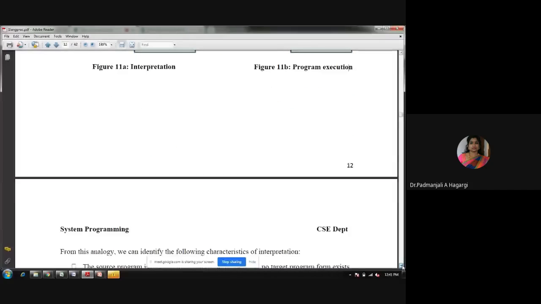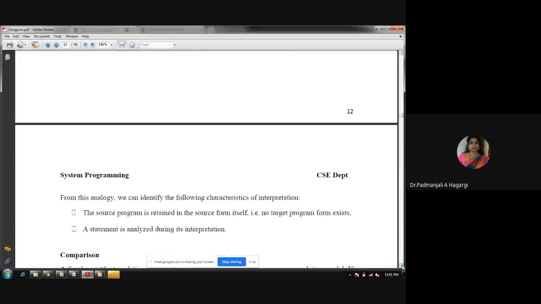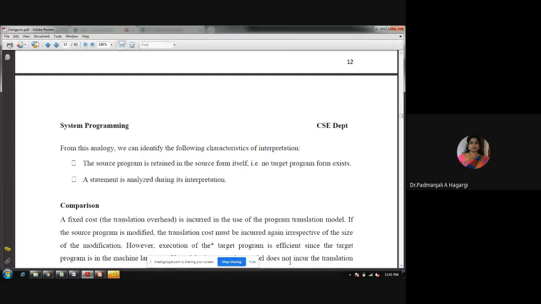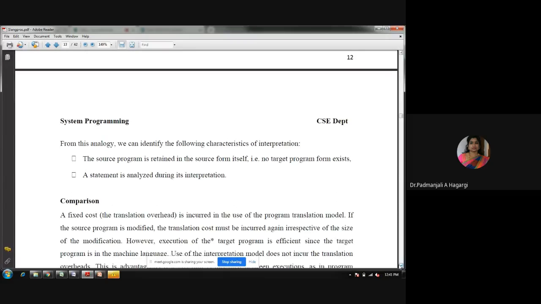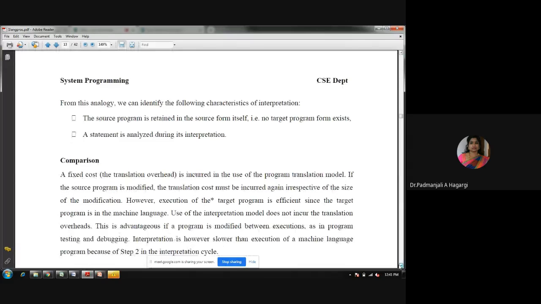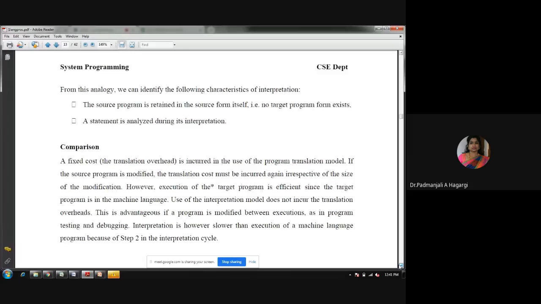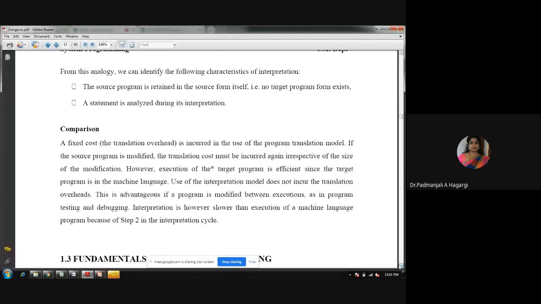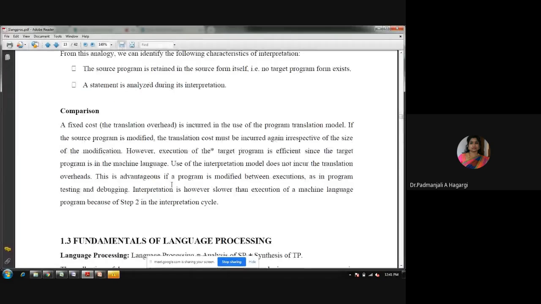In the comparison of both the figures, the fixed translation overhead is incurred in the use of the program translation model. If the source program is modified, the translation cost must be incurred again irrespective of the size of the modification. However, the execution of the target program is efficient since the target program is in machine language.